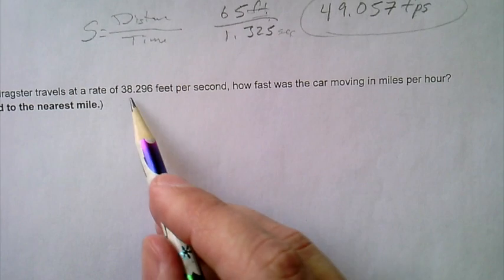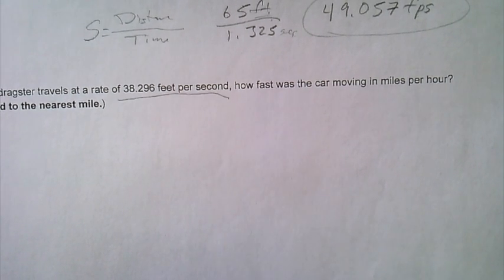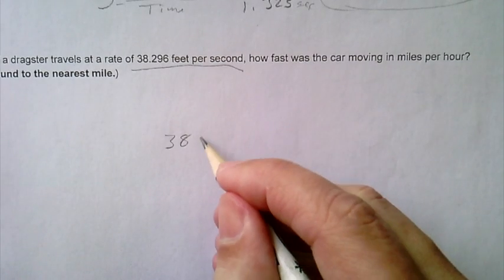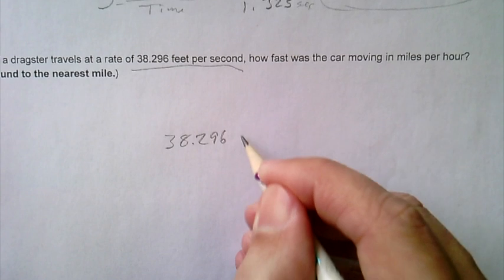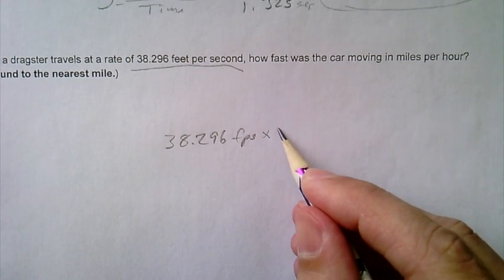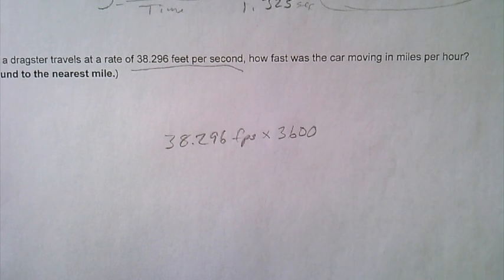Okay, we got 38.296 feet per second. And the trick here is we're taking those feet per second, and we're going to convert seconds into hours by multiplying by 3600, because that's the number of seconds in an hour.